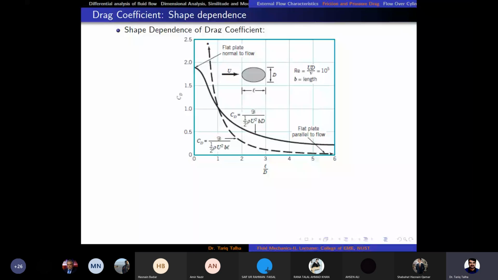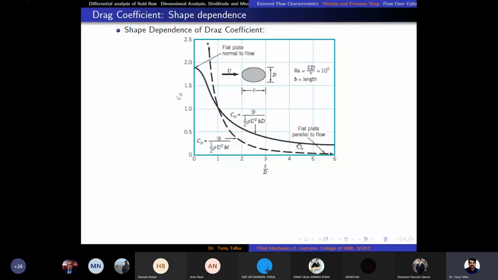So this curve explains very nicely that for a blunt body the drag force would be higher, but as we increase L upon D, it means we are increasing the length of the body as compared to its thickness or height, and then its total drag force would be less.